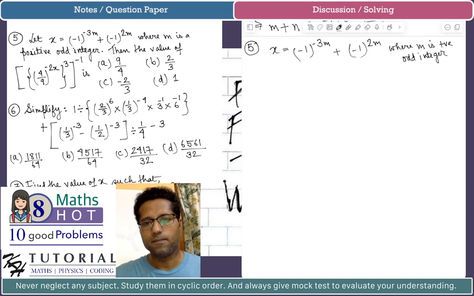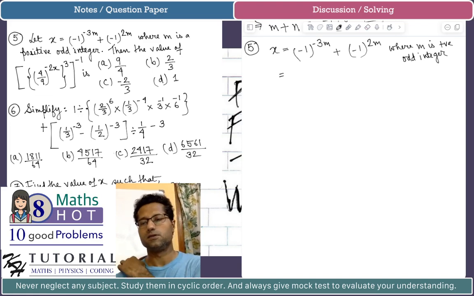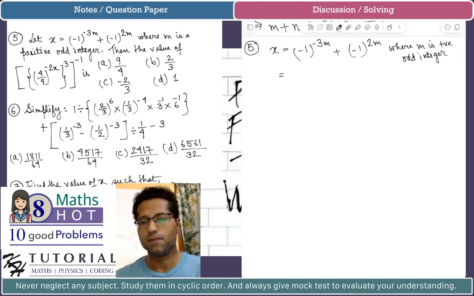Okay, so if m is a positive odd integer, this x is the sum of two terms. The first term is minus 1 raised to the power minus 3m.